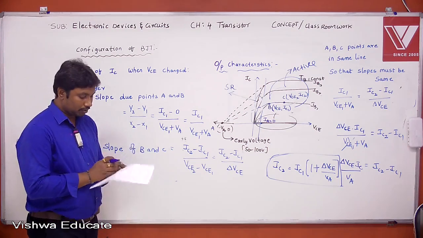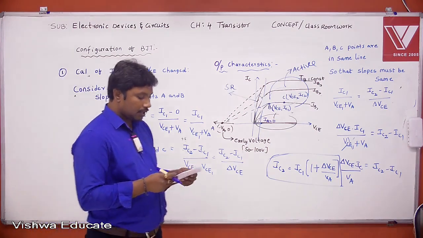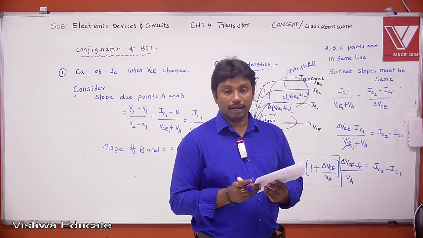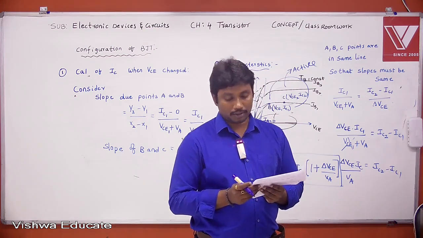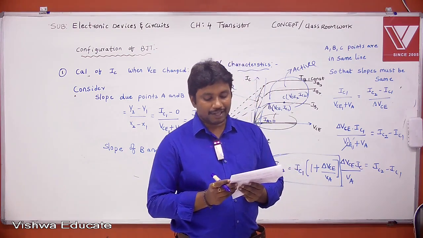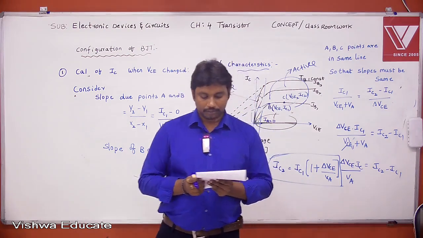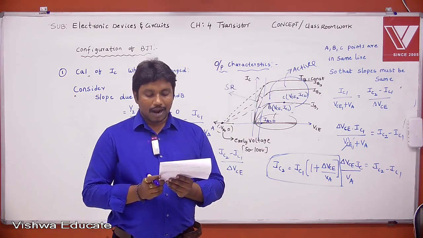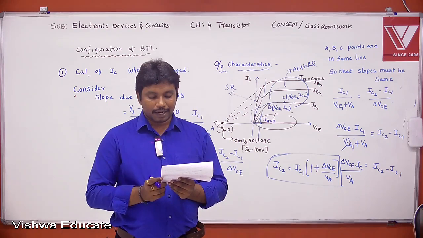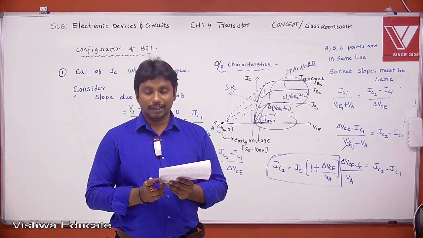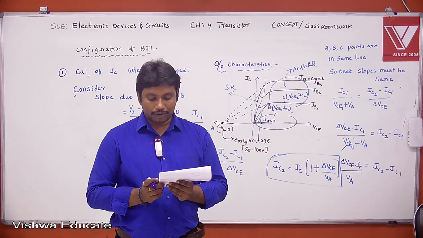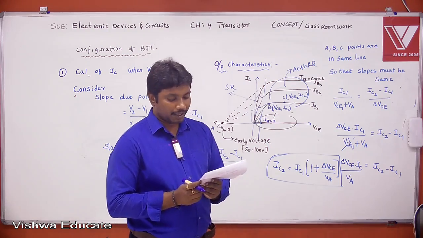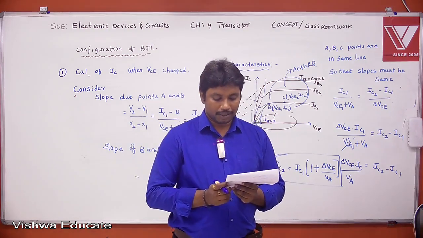A transistor has an early voltage of 75 volts, and it is operating at a collector current of 1 milliampere.